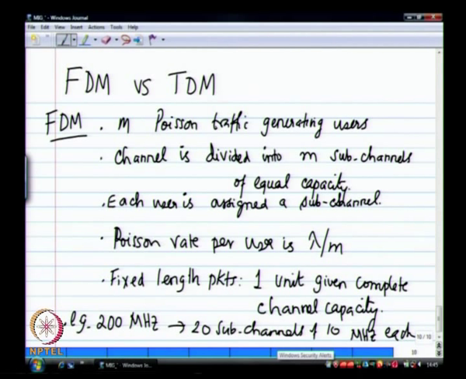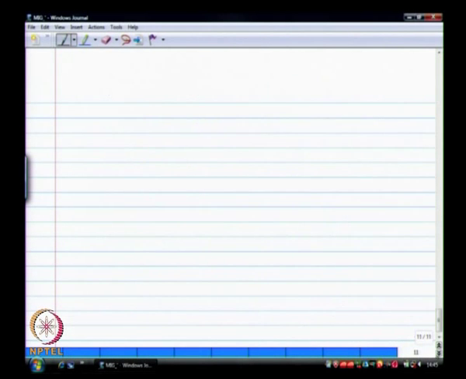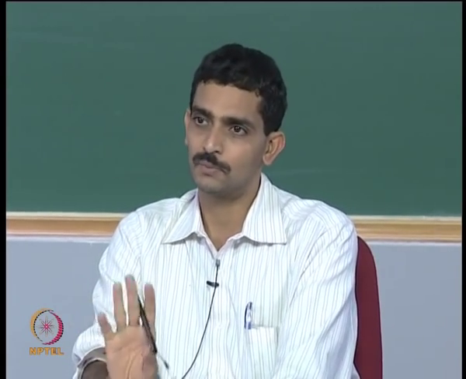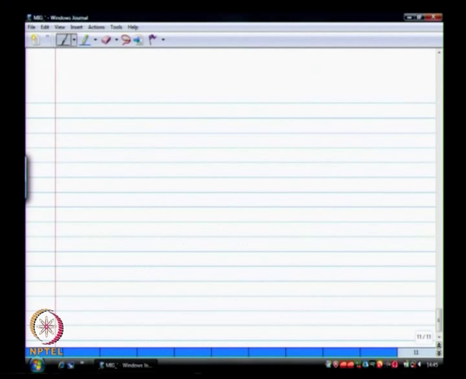So now how do we model the system? What kind of queuing model will be applicable here? How many servers are there? How many queues are there? There are m servers. Every subchannel is a server, and there are m queues. So this is what we saw before. There are m separate queues, and each queue has its own server. What is the capacity of this server itself?